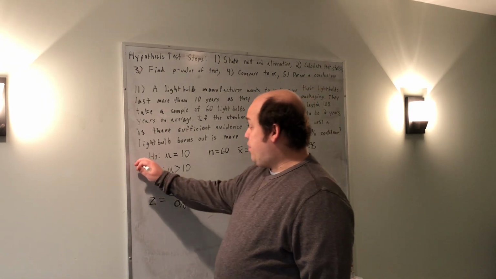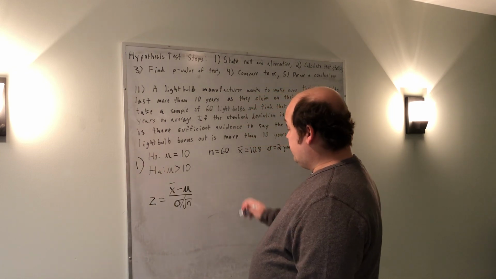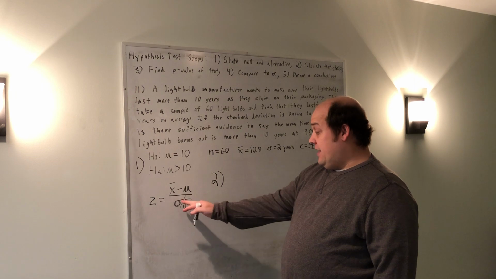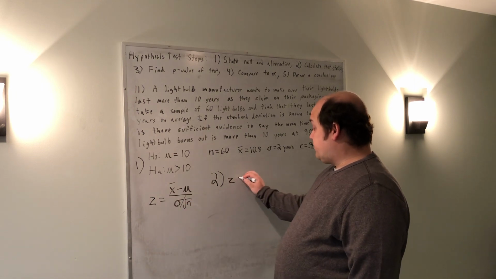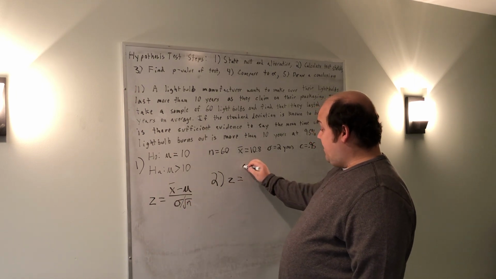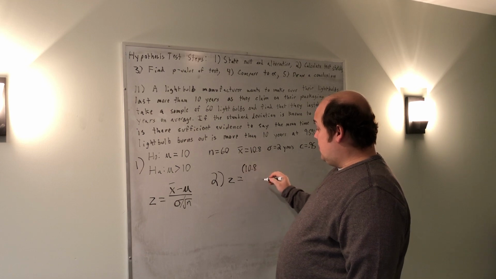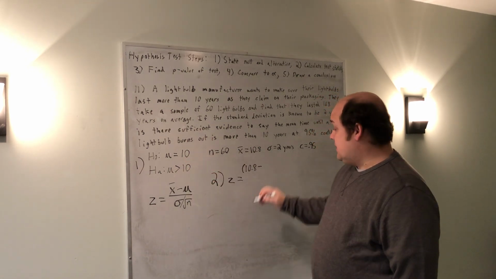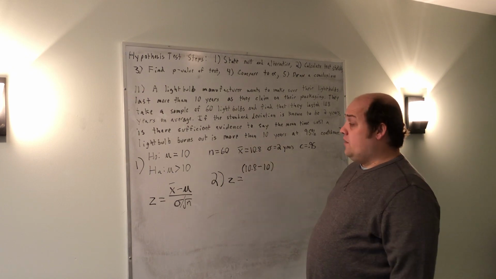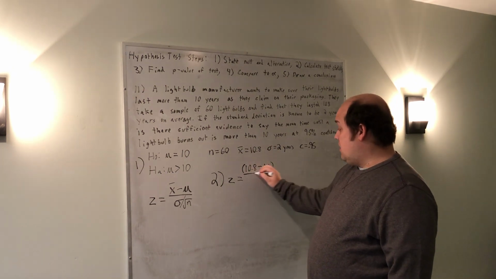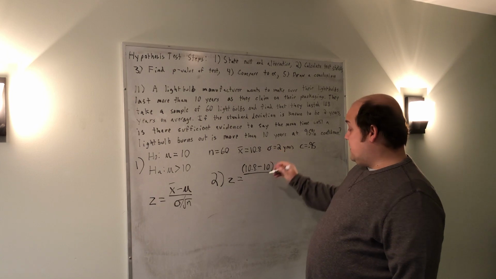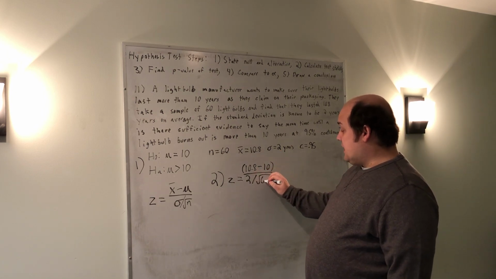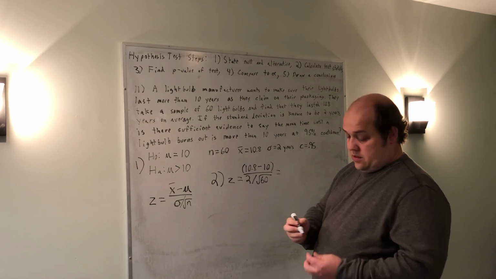So this was step 1, setting up the null and alternative. Step 2 is calculating this specific z-score. I put in the sample value 10.8 that we got as the mean amount of time that the light bulbs last, minus 10, the value under the null hypothesis, divided by the given sigma, 2, over the root of n, in this case the 60 light bulbs that we tested.